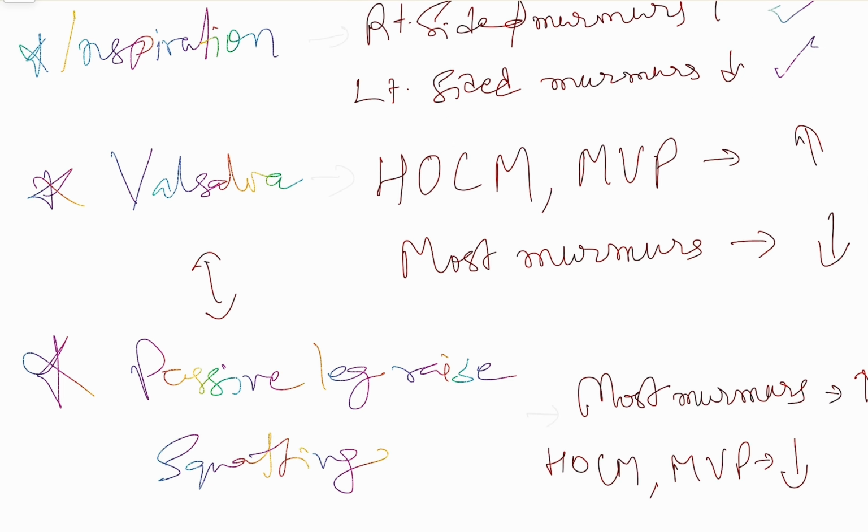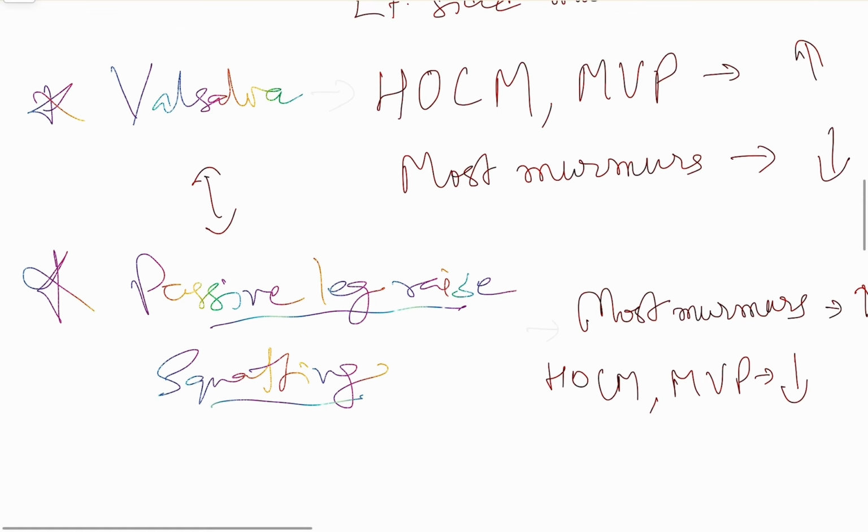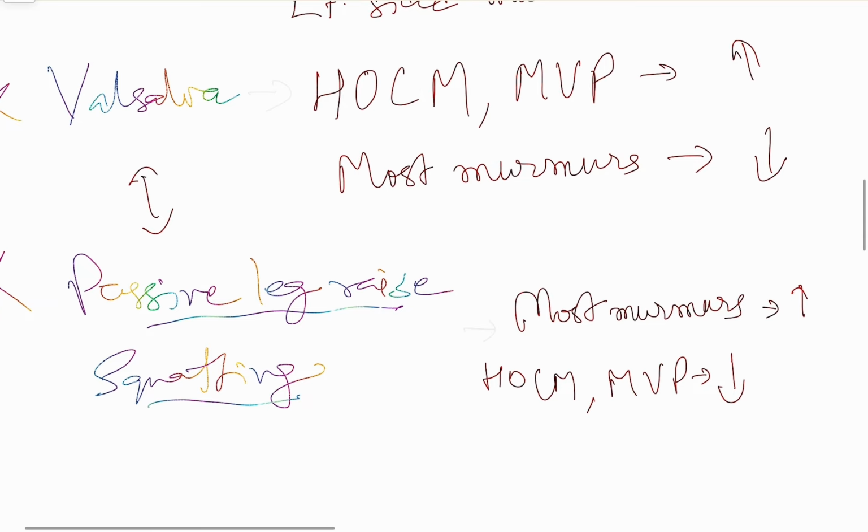Now, passive leg raise and squatting will similarly lead to pooling of blood in the right side of the heart, which would lead to increased intensity of most of the murmurs. The opposite of these will occur in HOCM and mitral valve prolapse: hypertrophic cardiomyopathy and mitral valve prolapse.